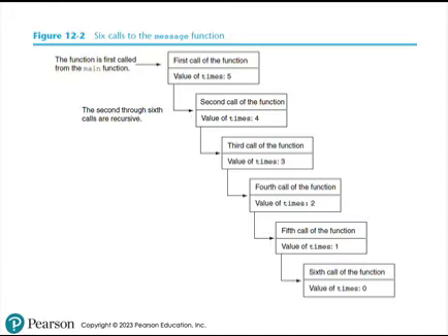So it goes in, it calls itself, the value of times is 4, it calls itself, the value of times is 3, etc. until the sixth call of the function is called and the value of times is 0. So the function is ultimately called 6 times.